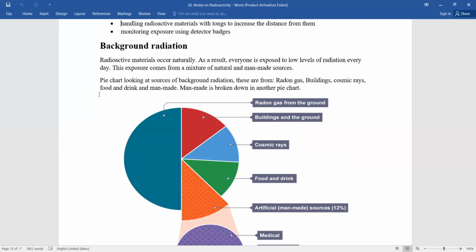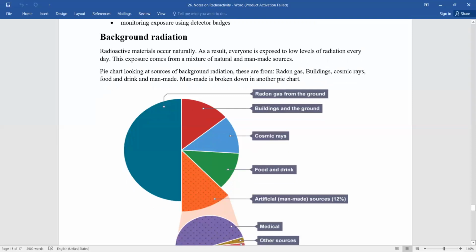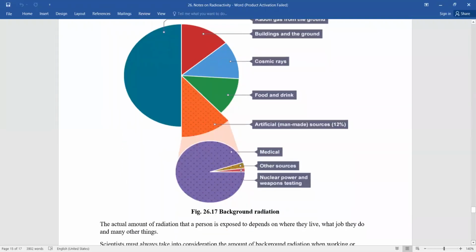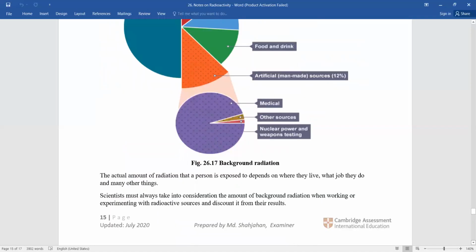Man-made is broken down into another pie chart. The actual amount of radiation that a person is exposed to depends on where they live, what job they do, and many other things. Scientists must always take into consideration the amount of background radiation when working or experimenting with radioactive sources and discount it from their results.